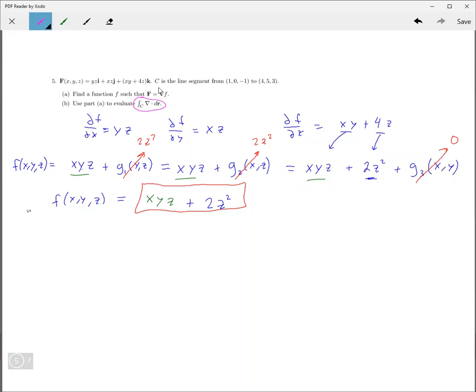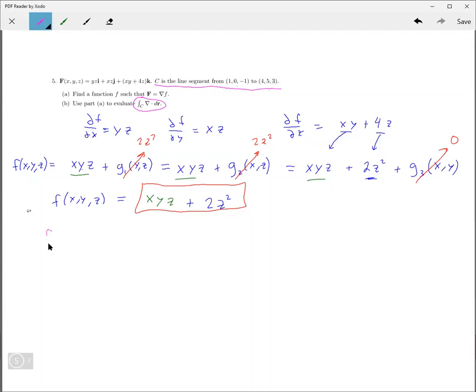It's saying C is the line segment from this point to that point. But we don't have to do a parameterization, because it really doesn't matter what path it took. The only thing that matters is that this is the beginning point and that's the end point.